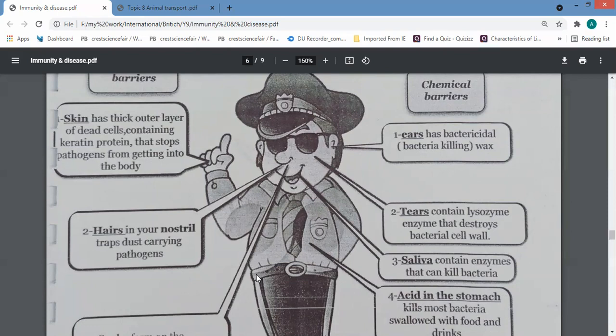Again, the skin is composed of different layers, and you will study the layers of skin next year, inshallah.